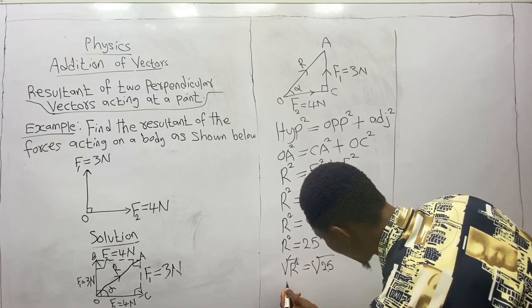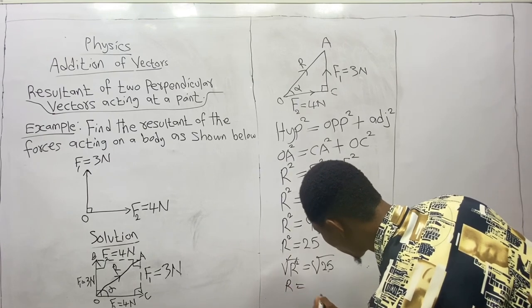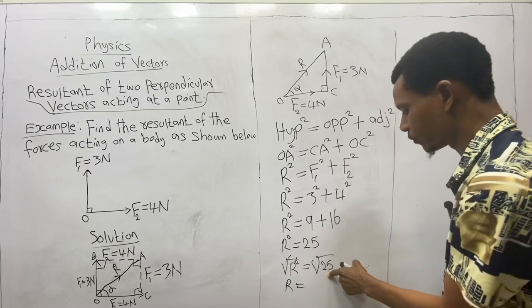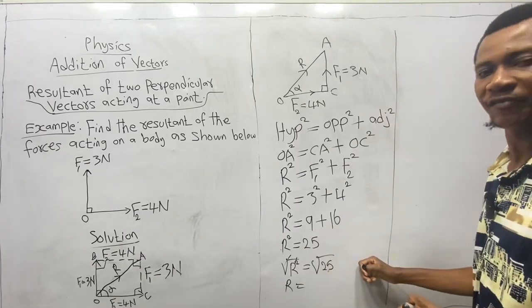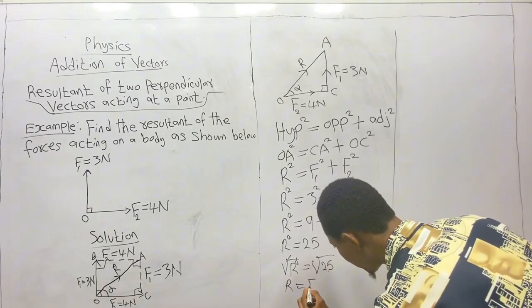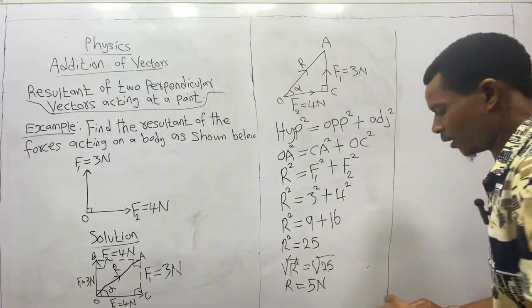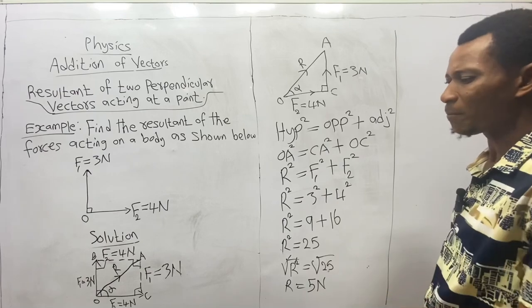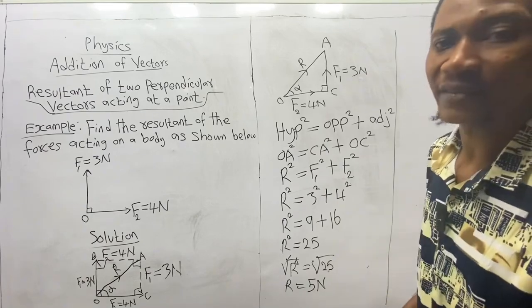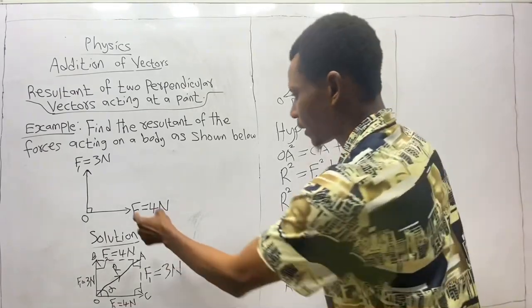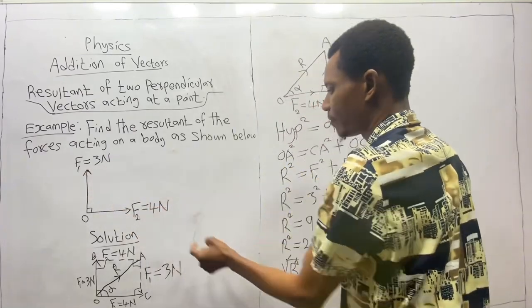What will be left here is arrow equals to the square root of 25 is 5. So now I have 5 Newton. This 5 Newton is the magnitude of the resultant vector of these two vectors, F1 and F2.